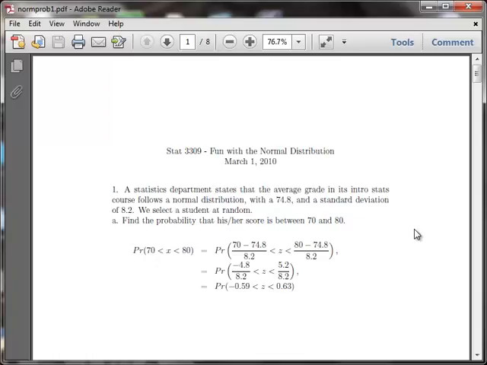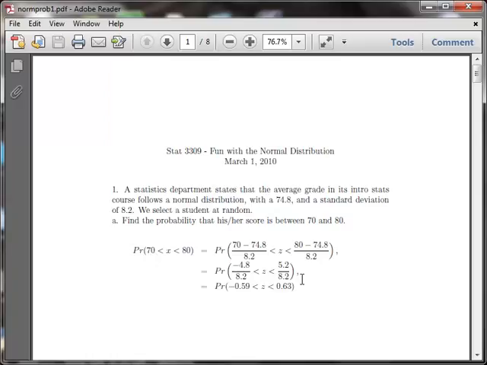So you've got the probability that x is between 70 and 80, and we're going to use our new formula, x minus mu over sigma, and you can operate on both sides of the inequality. So you have 70 minus the mean mu of 74.8 over 8.2, less than z, less than 80 minus 74.8 over 8.2.